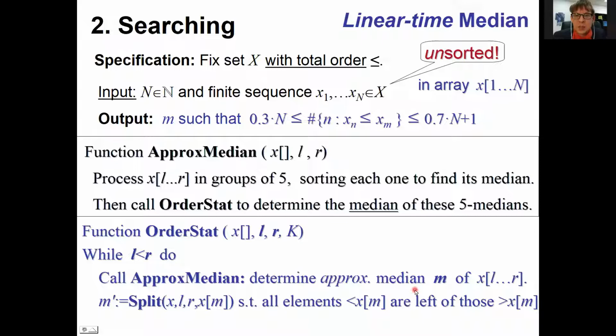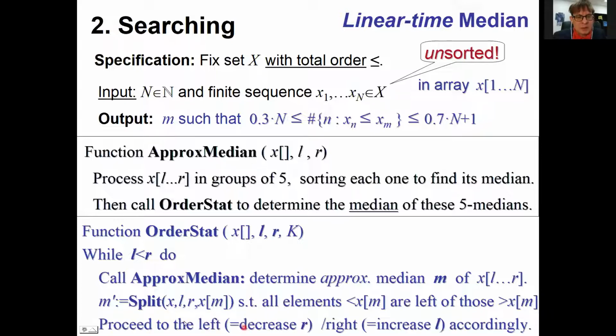Since it's an approximate median, not an exact median, the number of elements in the left part would be something between 30 and 70% of the original number, and those in the right part would be something between 70 and 30% of the original ones. In the next iteration of this loop, order statistics can focus on only one of the two parts.